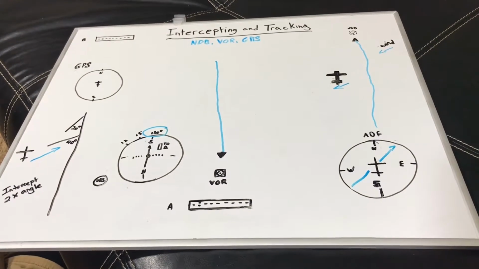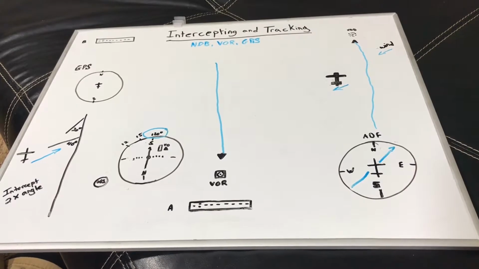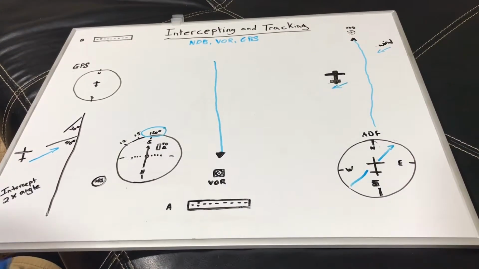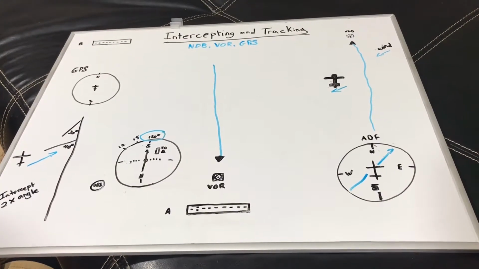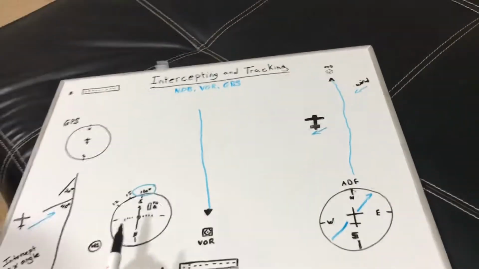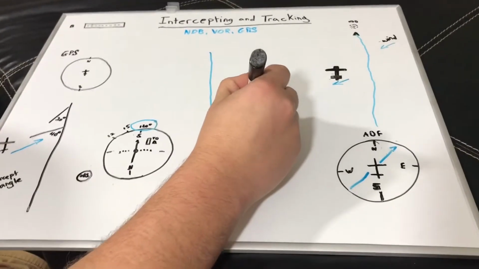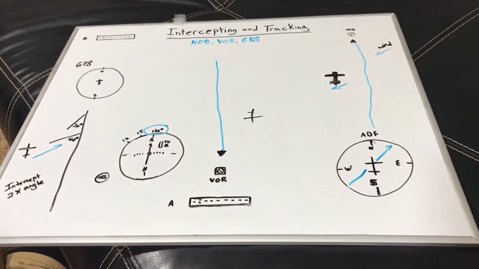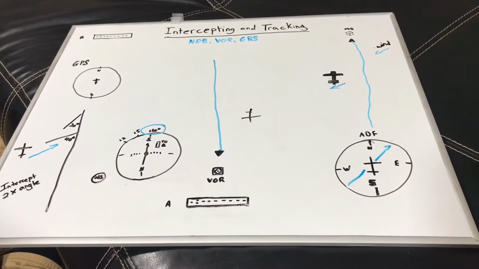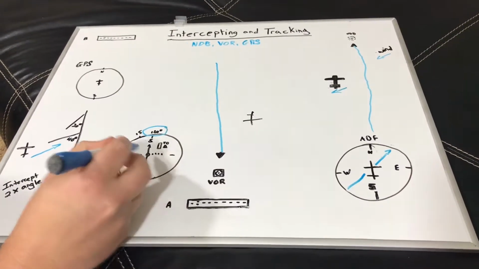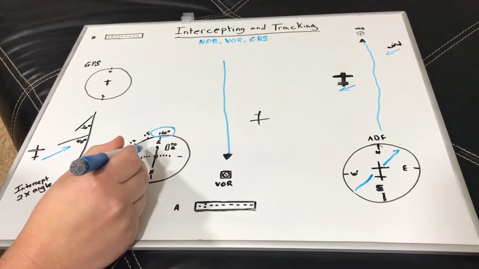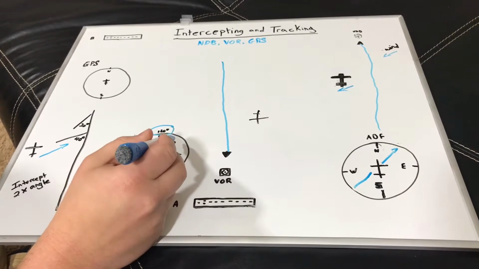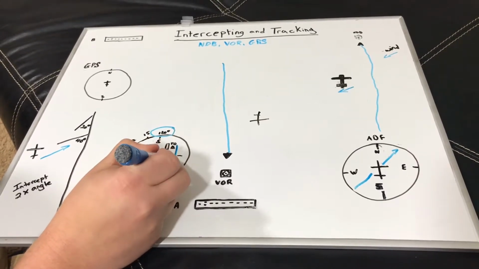Now, intercepting a VOR is very similar to the NDB interception. And because we do have a CDI, if our aircraft is over here and we're tracking inbound south to the VOR, our CDI is here in the center, and in this case it's going to drift over to the right.